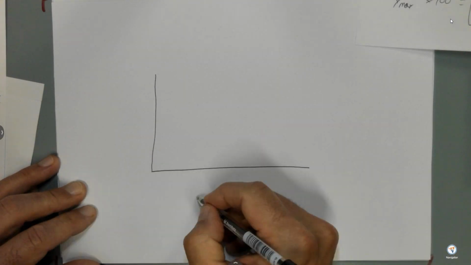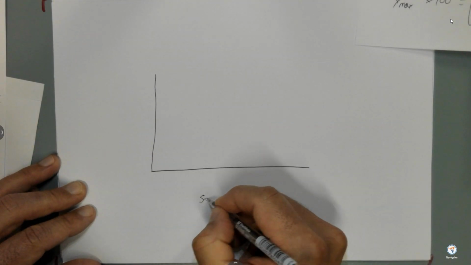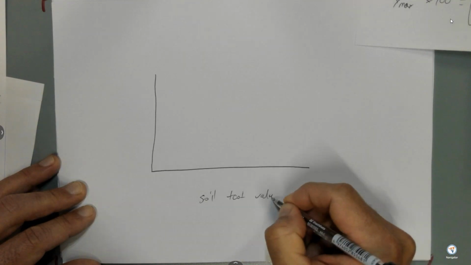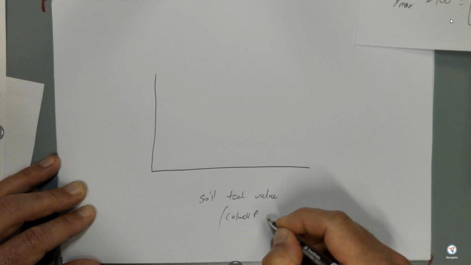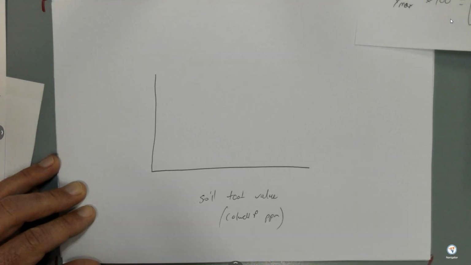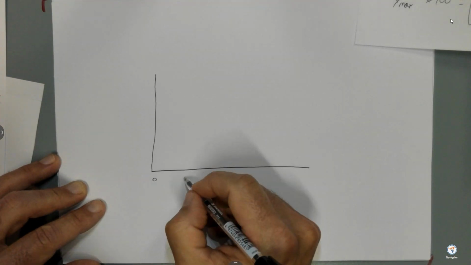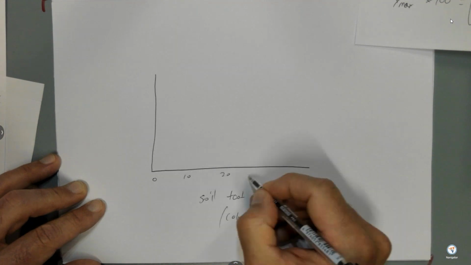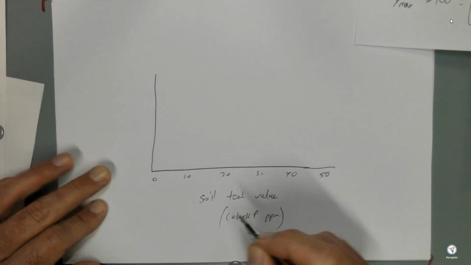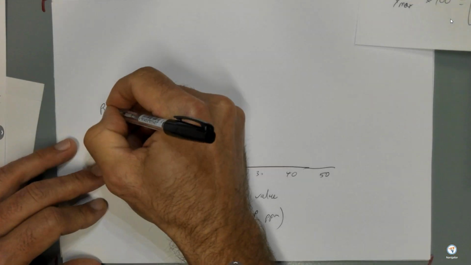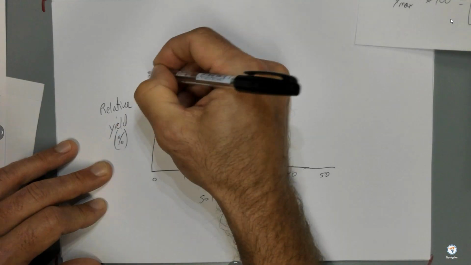So then our x-axis here will be our soil test value. In this example, it might be Colwell P, parts per million, so 0, 10, 20, 30, 40, 50. And on our y-axis, we have relative yield, percent, 100, 50.